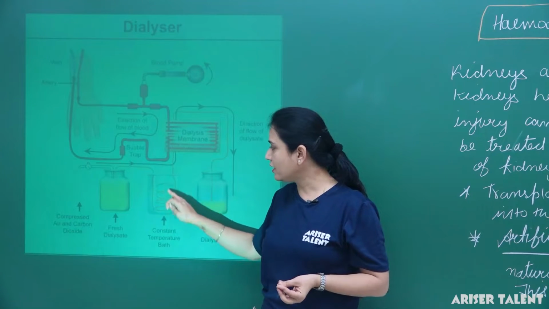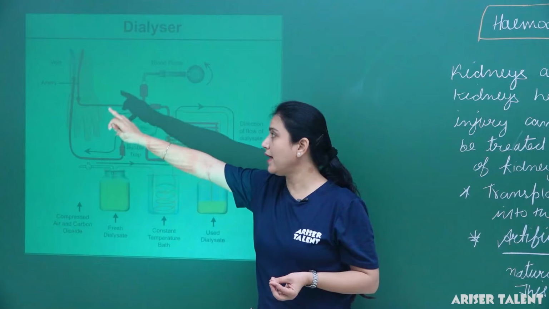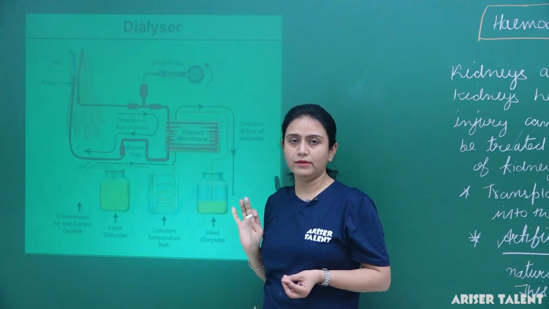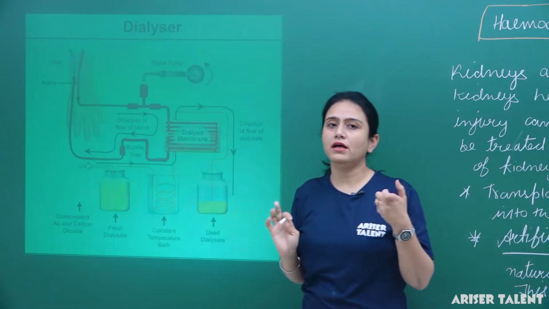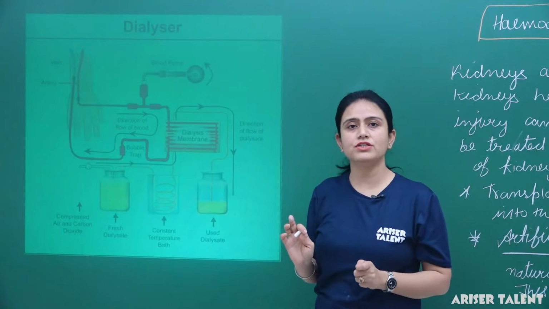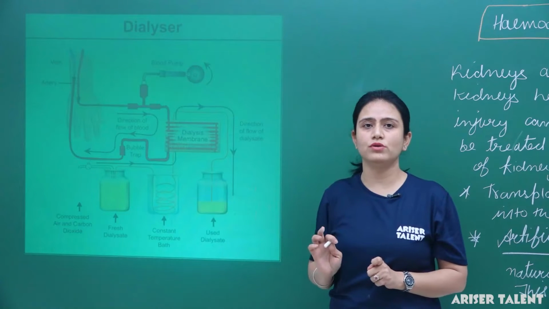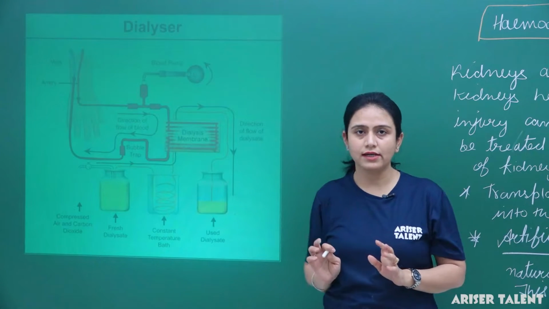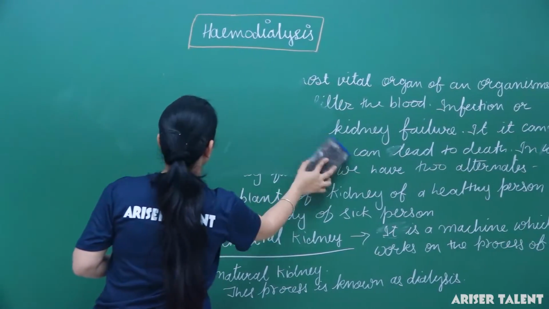After this process the cleansed blood is pumped back into the human body. So this is the process of cleaning the blood by a machine known as artificial kidney or dialysis, and this complete process is known as hemodialysis. Clear? Let me mention here: what is hemodialysis?